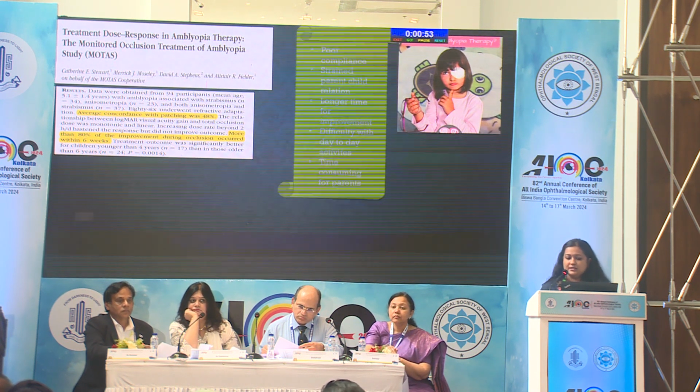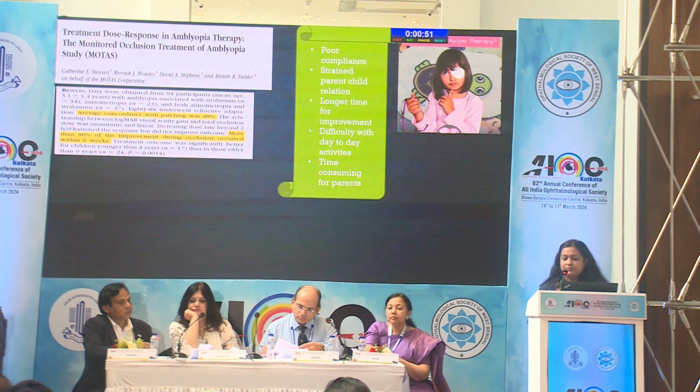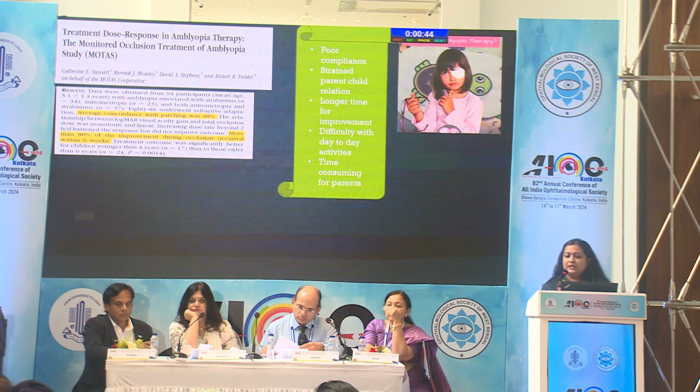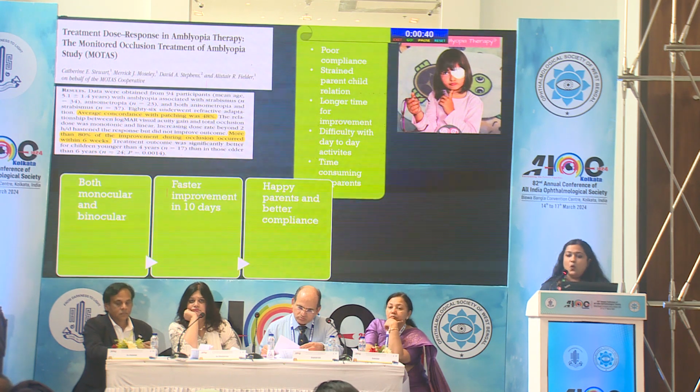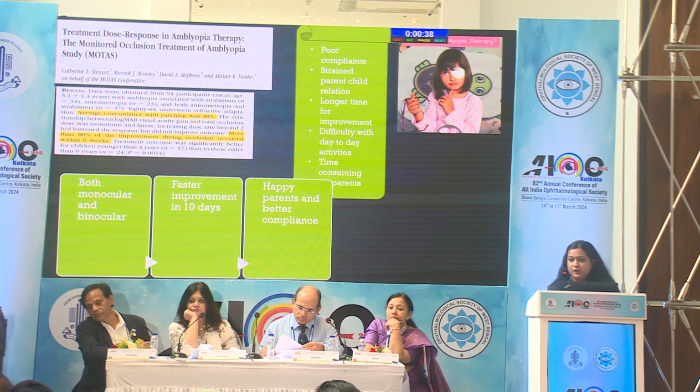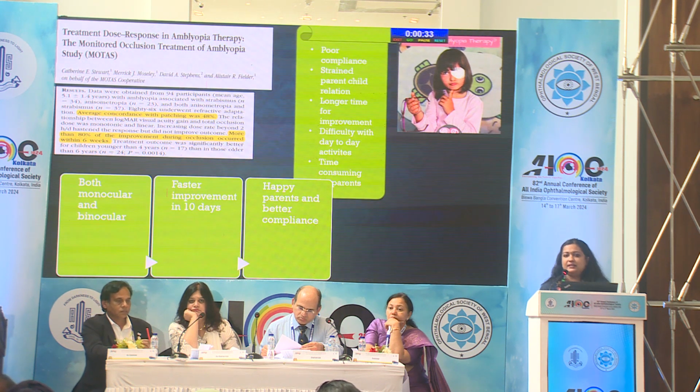That is where OMS is different, because patching has side effects such as poor compliance, strained parent-child relation, longer time for improvement, difficulty with day-to-day activities, and it is time-consuming for parents. OMS uses both monocular and binocular treatment, with faster improvement in 10 days, happy parents, and therefore better compliance.